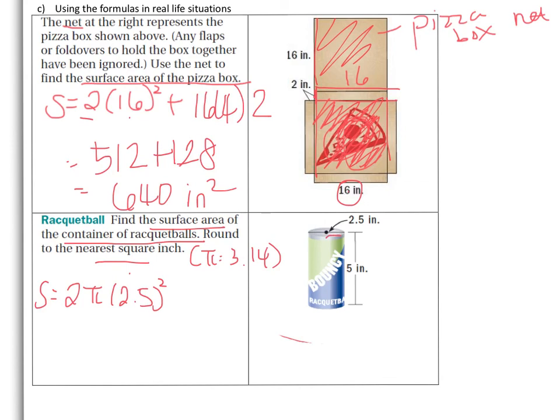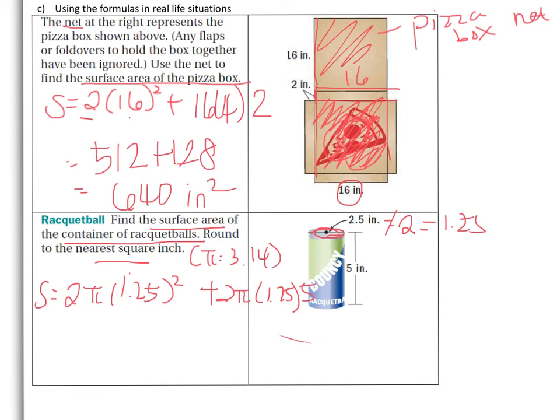Or excuse me, the radius is actually half of 2.5, which is 1.25 squared. Okay, so plus the circumference 2 pi 1.25 times the height of 5.